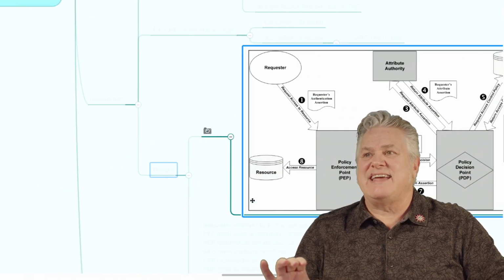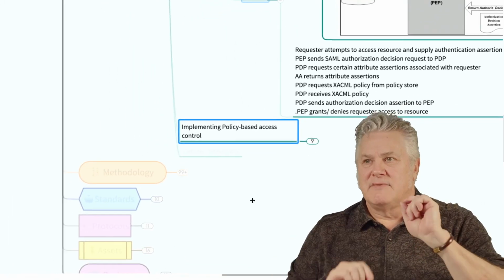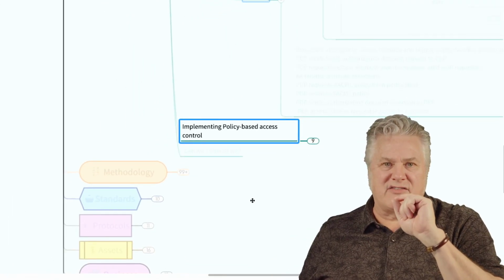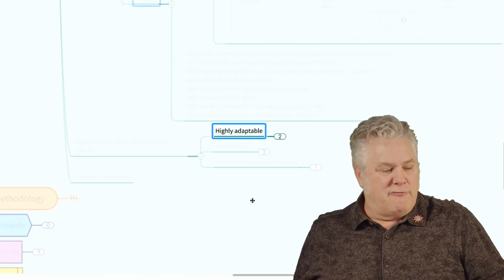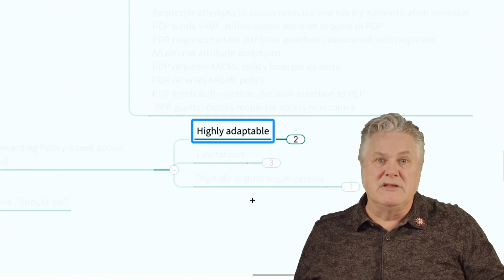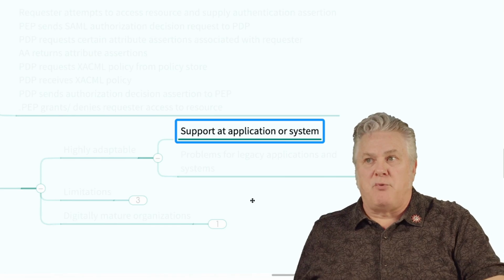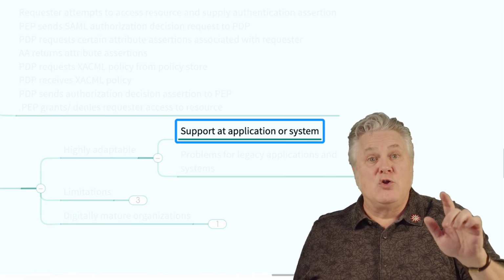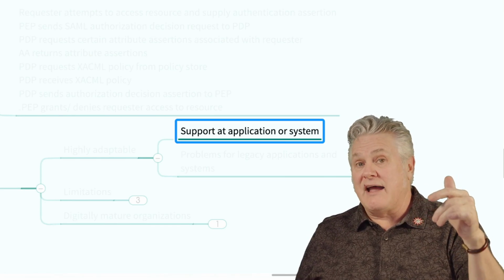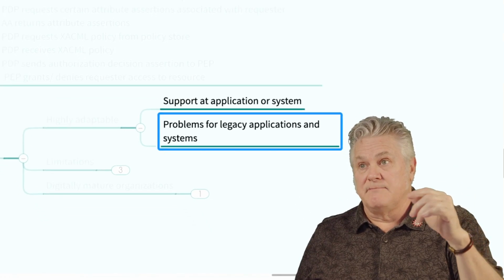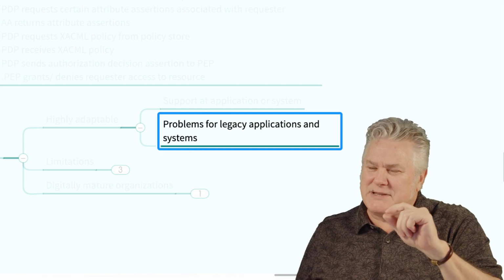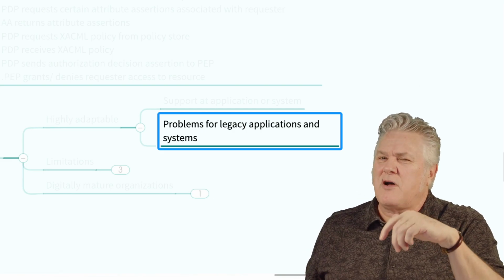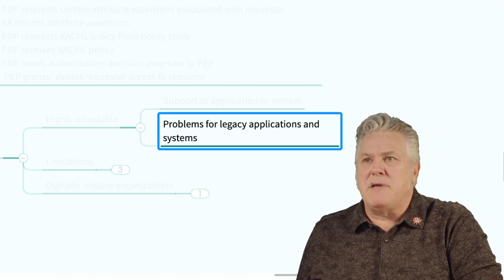So what I would say is, for you all, implementing policy-based access control comes with a cost. First off, it is highly adaptable, and we love that. That's great. It's going to support applications or systems, including dealing with AI, software as a service that's out there. It is going to be problematic for legacy applications and systems that are out there, but that's okay. We'll kind of take that beating to go ahead and make this work.